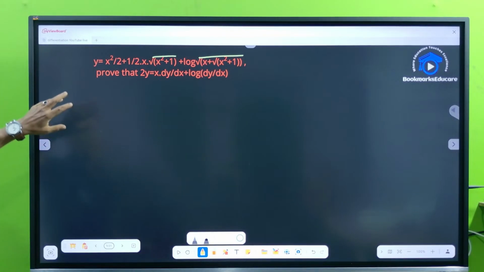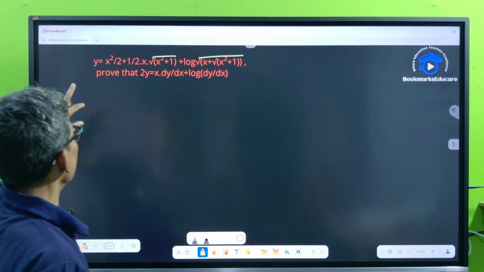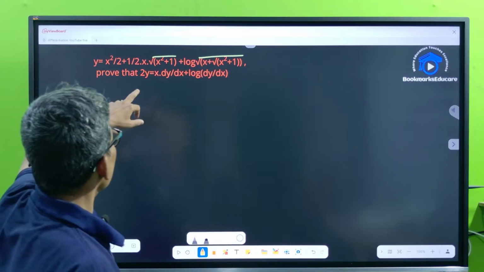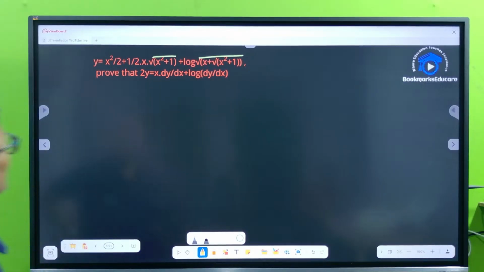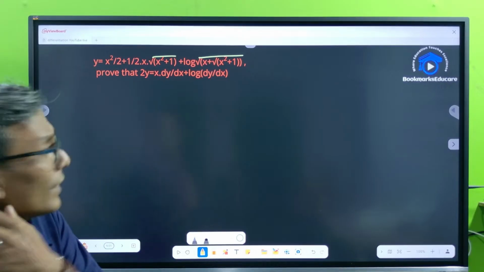So what we have to prove? Now we have to prove that 2y is equal to x into dy by dx plus log of dy by dx.